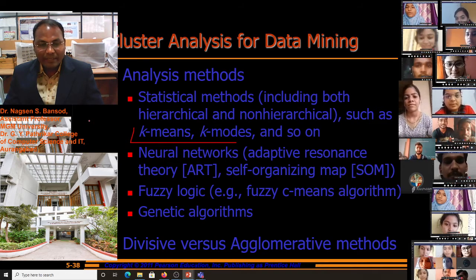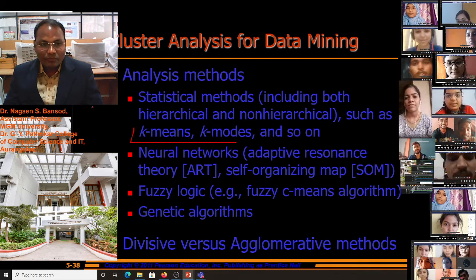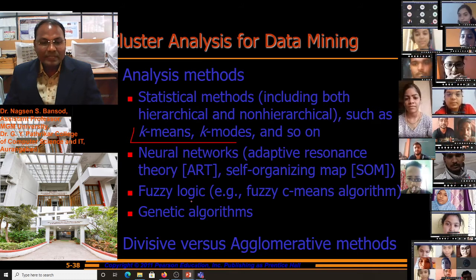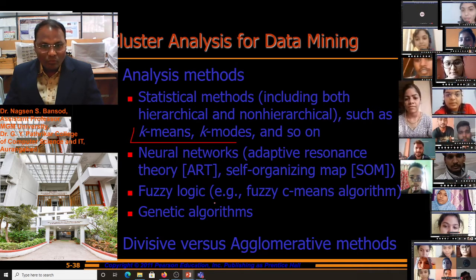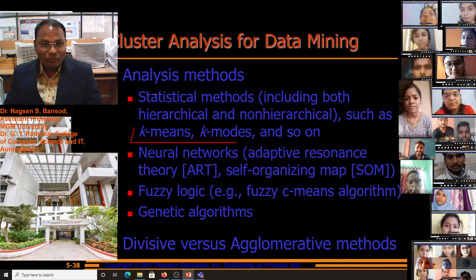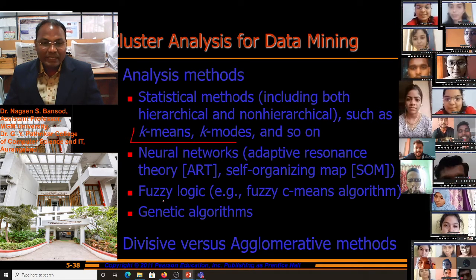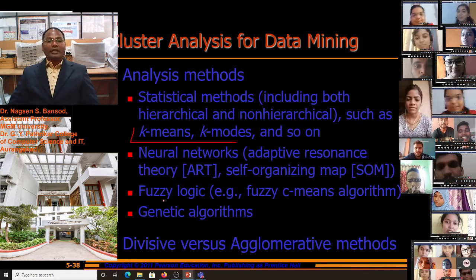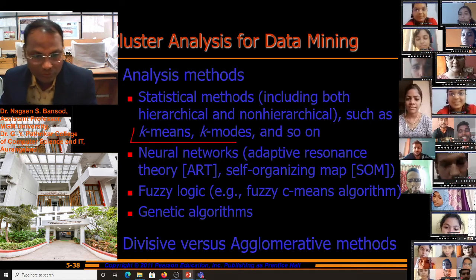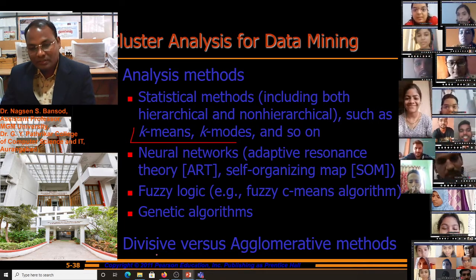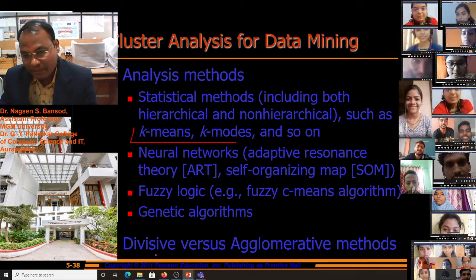Are we finding temperature variation classification district-wise in Maharashtra? Which is the good algorithm? With the help of these analysis methods we can find it, like genetic algorithm, fuzzy logic, neural network, k-means, k-modes, divisive versus agglomerative methods.